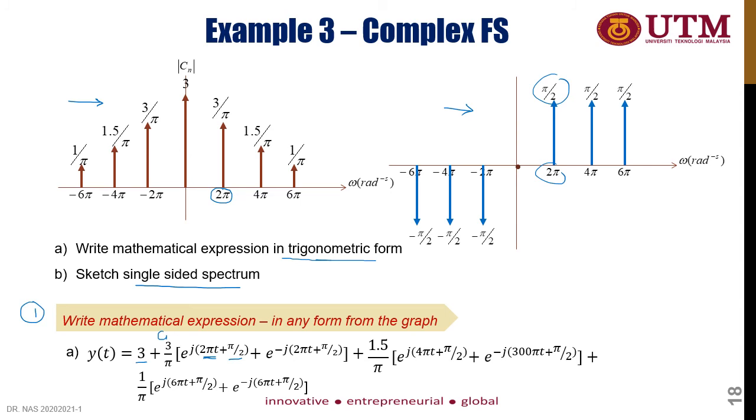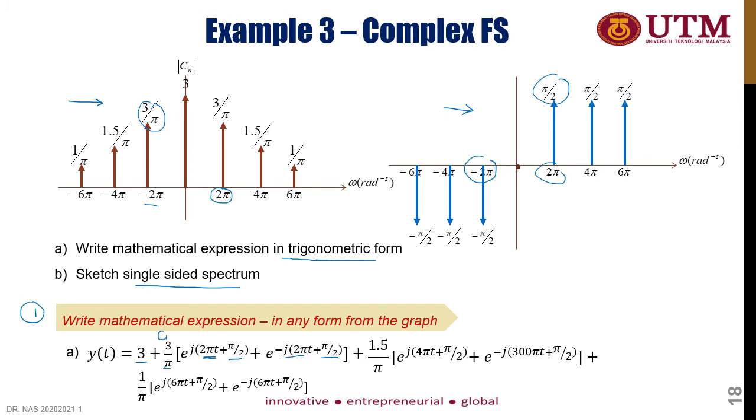Plus the negative frequency at negative 2 pi, the magnitude is still 3 over pi, the same magnitude. Look at the phase at negative 2 pi, it is negative pi over 2. So it's still pi over 2, but you need to check the polarity.